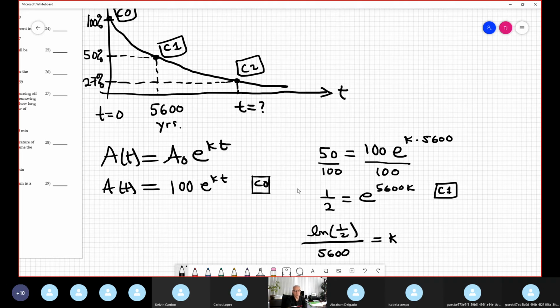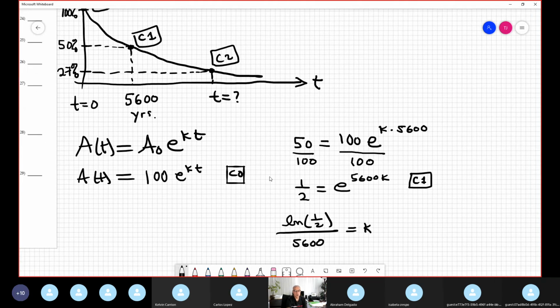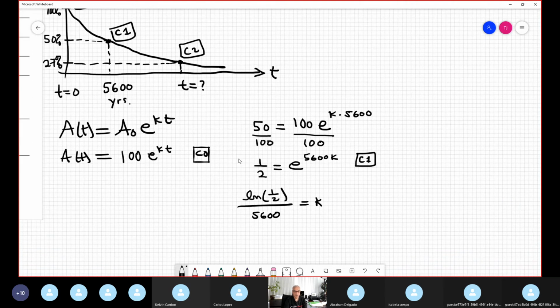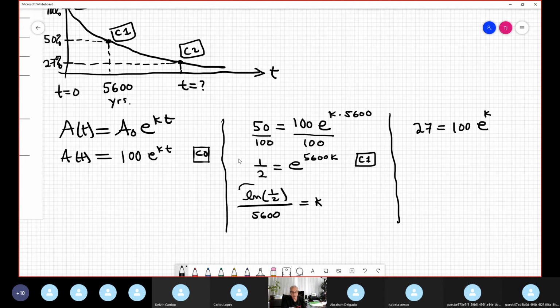I go to condition 2. In condition 2, you know that the relative amount of unit is 27%. In the formula we have 27 is equal 100 exponential k times T. I have k in my hand, que is that value.